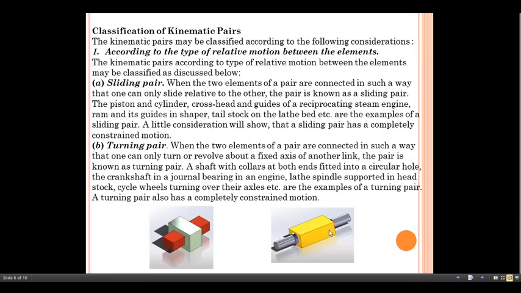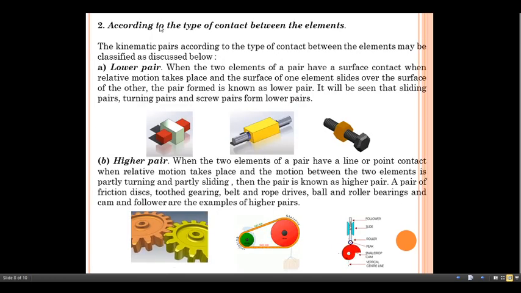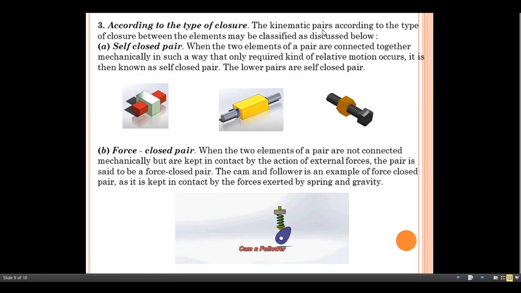Now see the classification of kinematic pairs. The kinematic pairs may be classified according to the following considerations. First one, according to the type of relative motion between the elements. Then next one is according to the type of contact between the elements, and next one according to the type of closure.